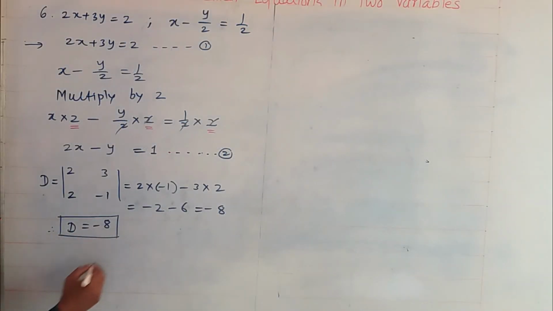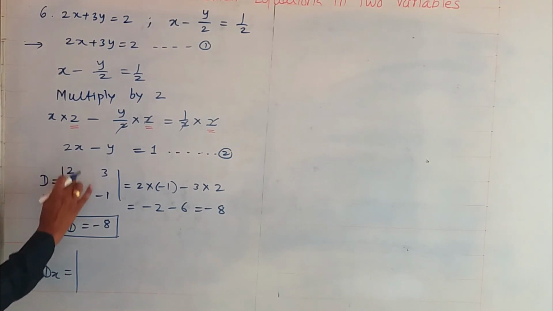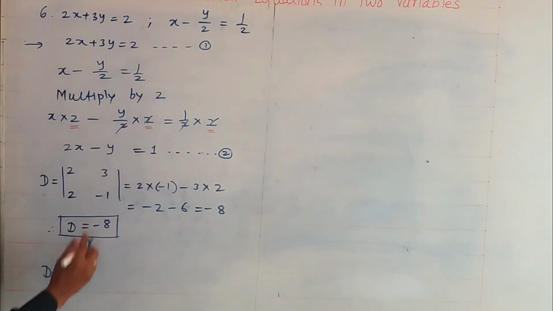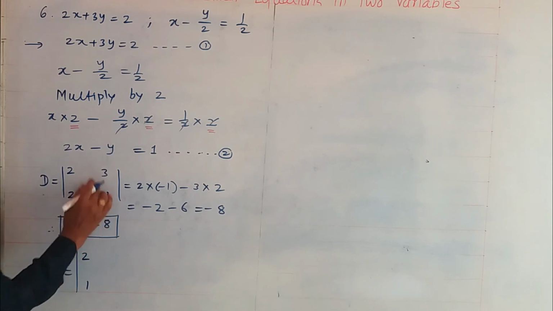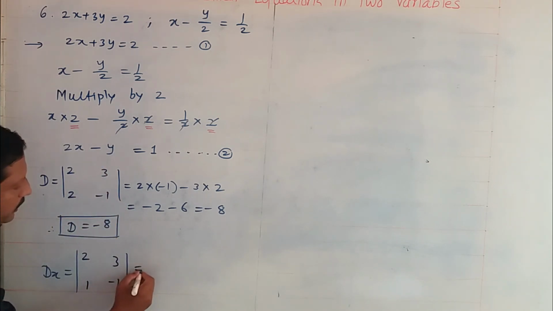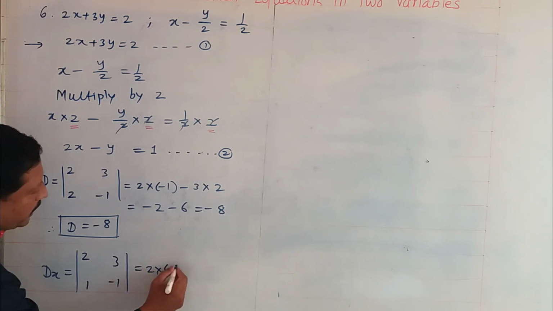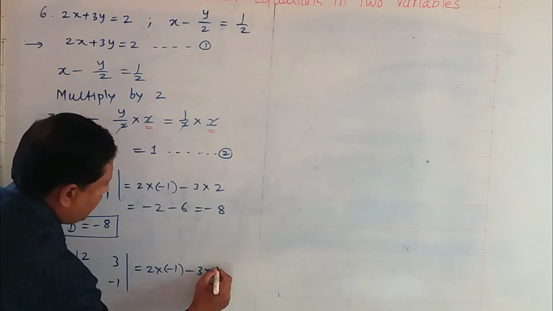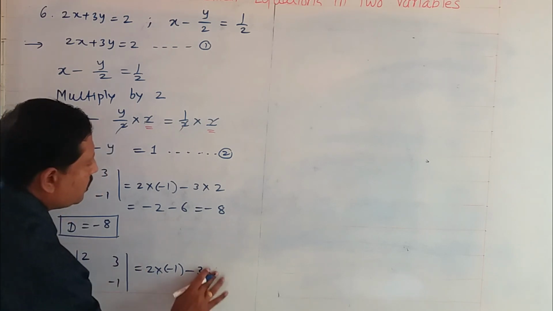Now write down the determinant dx. Dx can be written like this, replacing the coefficient of x with the constant terms 2 and 1. 2 and 1 are the constant terms. Keep the coefficient of y as it is, 3 and minus 1. So find the value of this determinant, 2 multiplied by negative 1 minus 3 multiplied by 1.